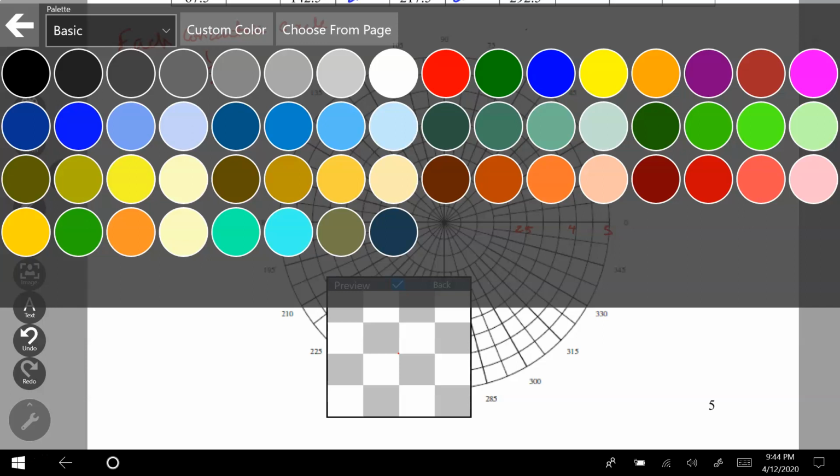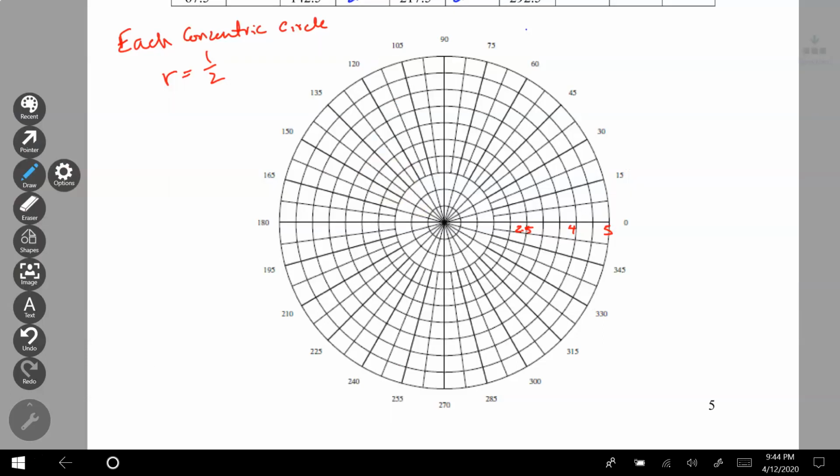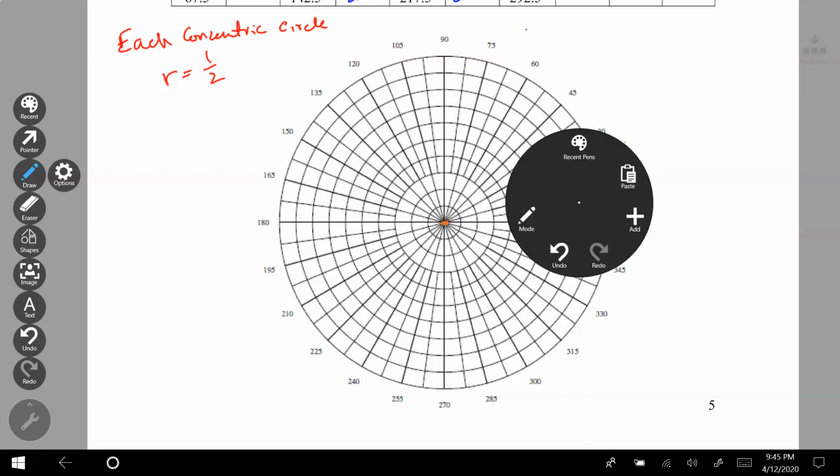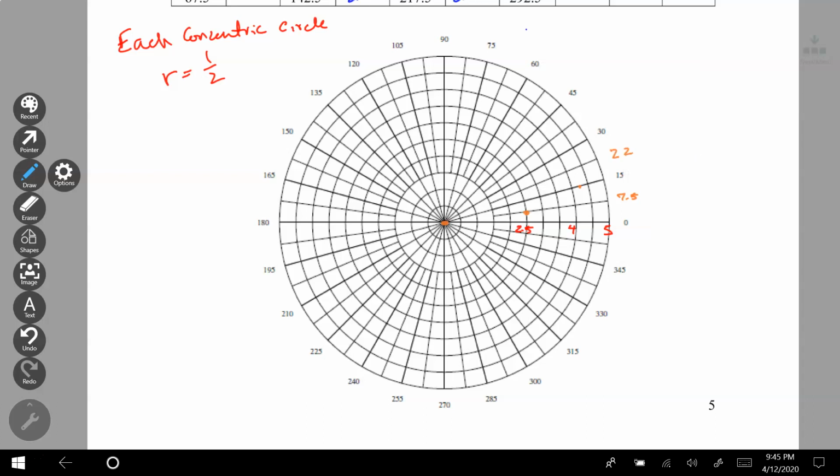I'm going to do it in orange. So my first point is 0, 0, which is the origin. And then I get 7.5 degrees and 2.5. So 7.5 degrees is right here, and 2.5. Then I get 15 degrees is 4.3, and 22.5 degrees, which is right here, is 5.